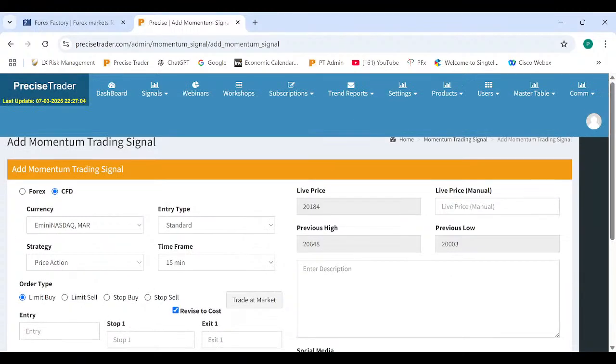I think forget about this, the price is out. Okay, we'll try to buy at 2050.